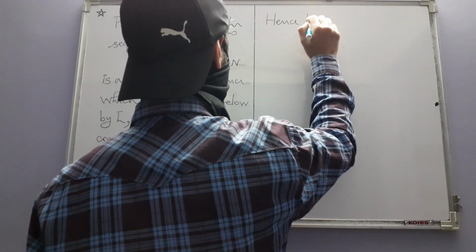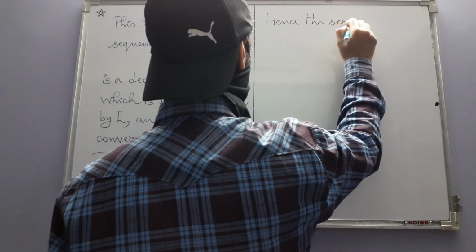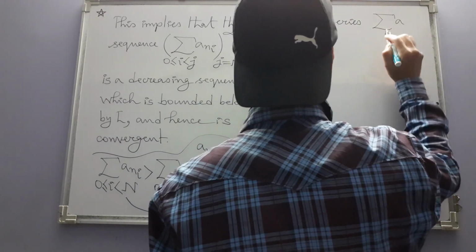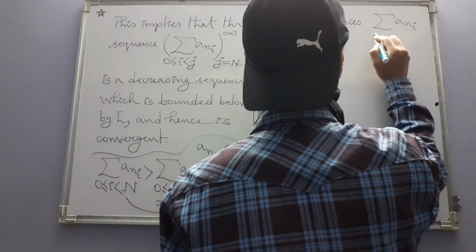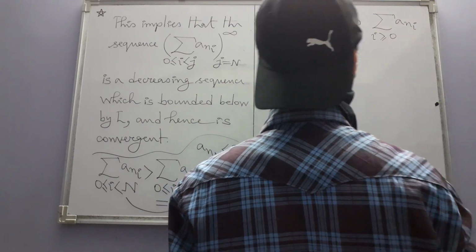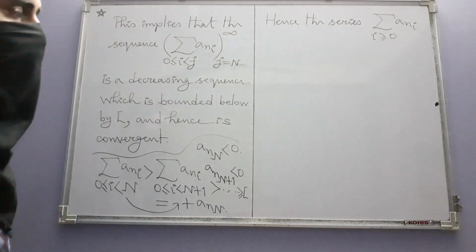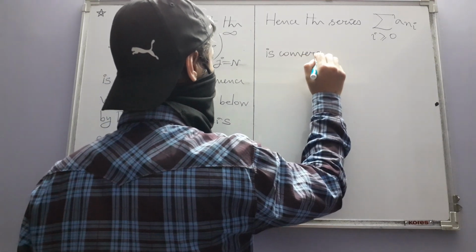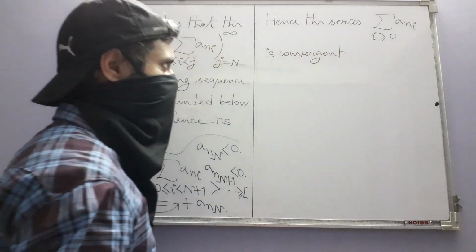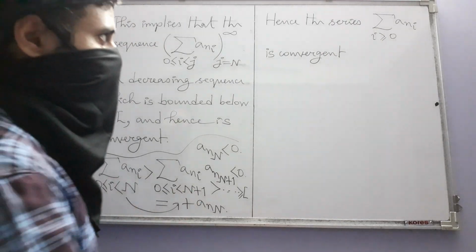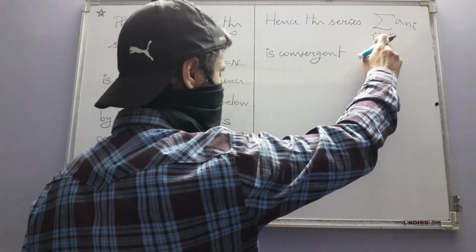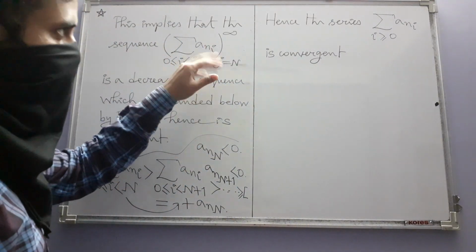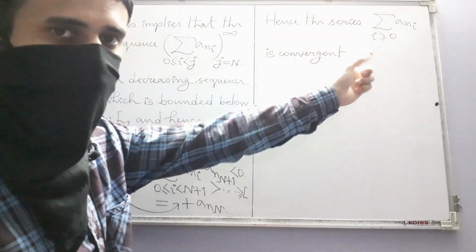Hence, the series summation a n i, where i is any natural number, is convergent. Strictly speaking, the sequence of partial sums of this series is actually not this, but this is a subsequence of the sequence of partial sums of this series.